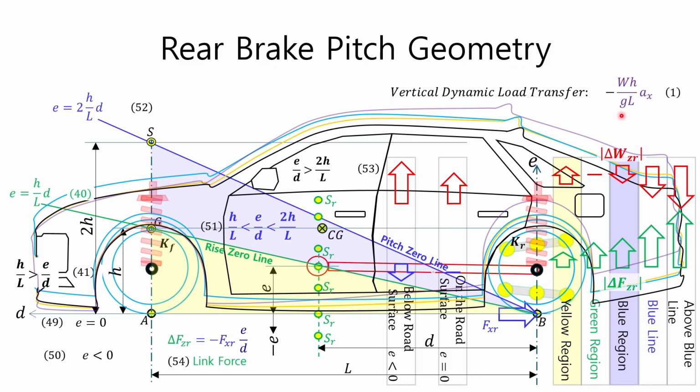In this case, the increase in rear ride height is greater than the decrease in front ride height. In rear wheel braking, we should remember that if the braking deceleration is constant, the reduction in front ride height is constant, regardless of where the rear virtual reaction point is located.